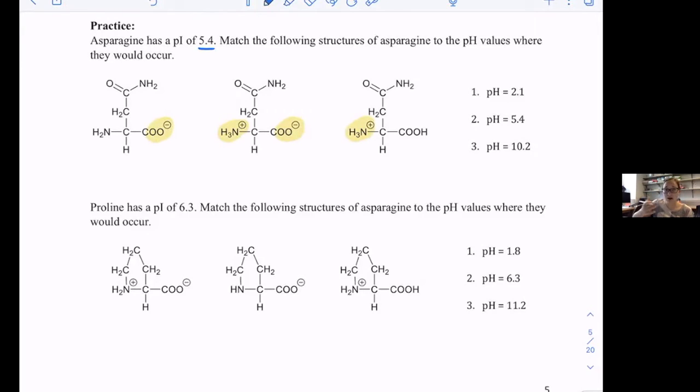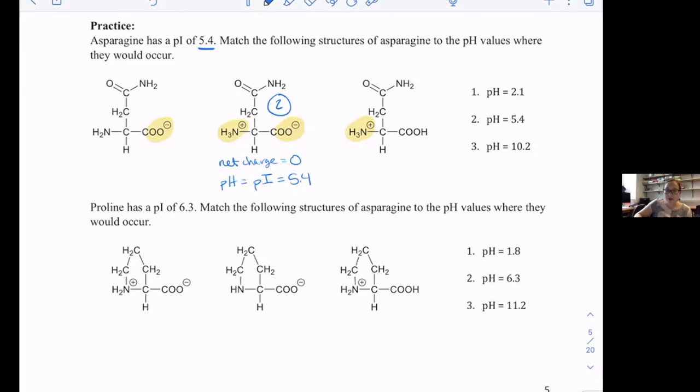So where our molecule is overall neutral is our isoelectric point by definition. So this in the middle is going to be our isoelectric point because our net charge is 0. So the pH equals the isoelectric point, which equals 5.4 in this case, because we're told that in the question.